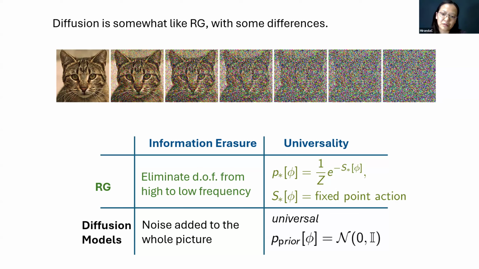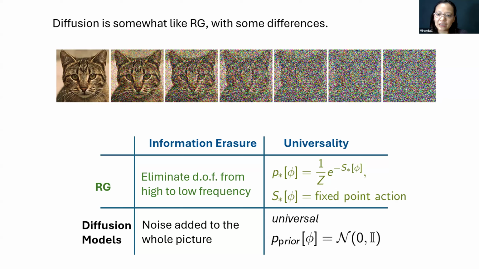So how about universality? In diffusion models, we also have universal behavior, because whatever picture you started with, it's replaced by a noised picture, or by a sample drawn from the prior distribution.